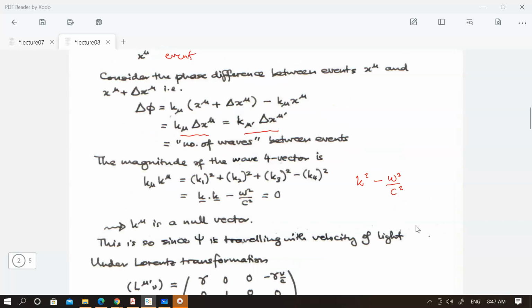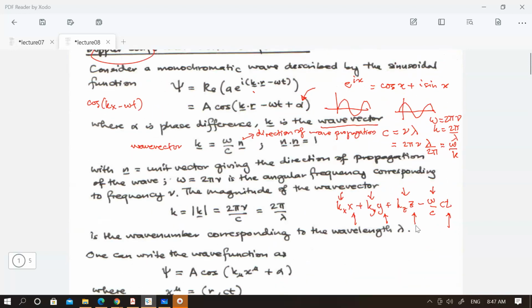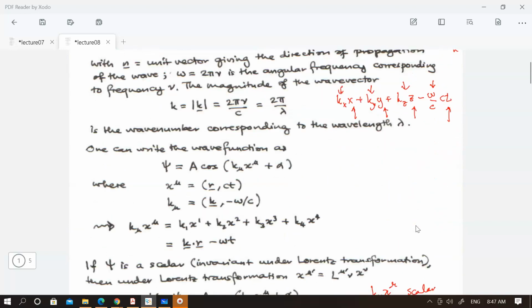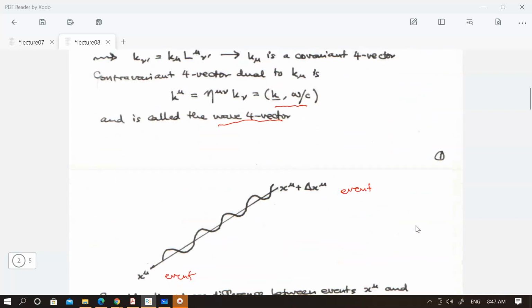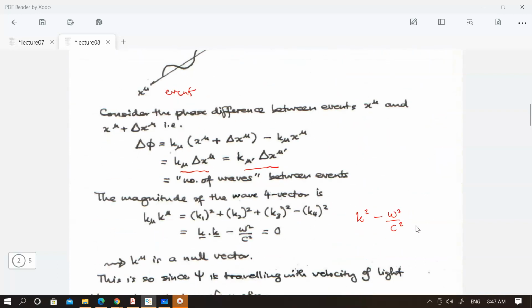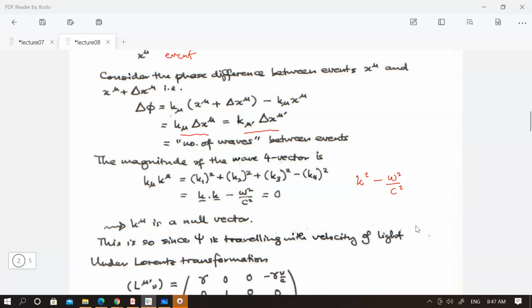what was it? I can't remember. It was c equals omega over k. Let me just write that down before I forget. c equals omega over k. Over here, these are all scalars, so you can think of these as magnitudes.